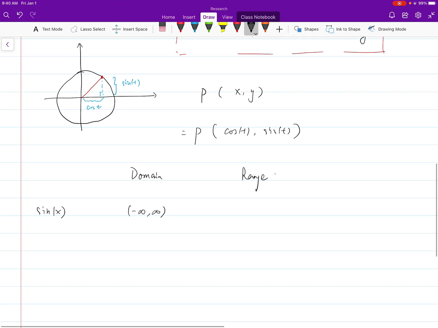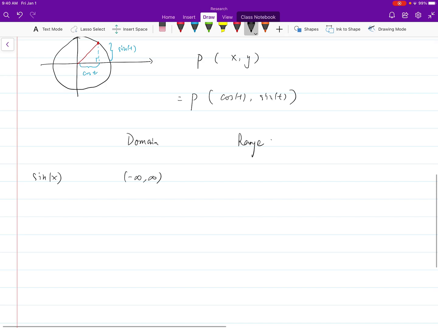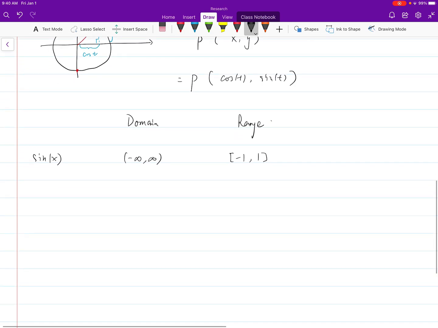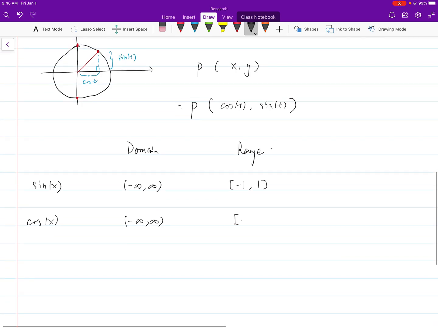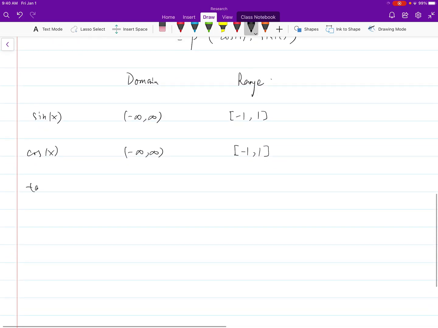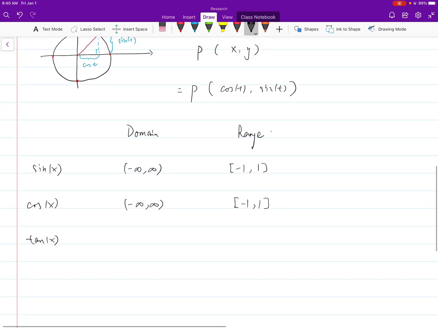For any point on this circle, you will have a y value. Therefore, you can put in any number for your t. You will always have a y value. And that y value cannot go beyond, the highest y value is here, the lowest y value is here, because you have to stay in the unit circle. So the range is going to be between -1 and 1. Cosine t, you can plug in any number, you have an x value. And again, it's between -1 and 1 from left and right because you need to stay in the unit circle.